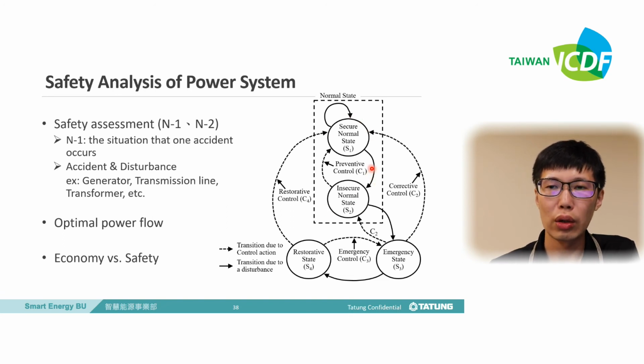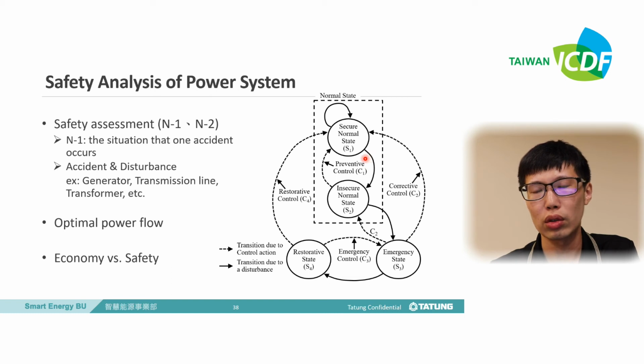So the operator can operate the system under one of these two states. It will depend on the judgment of the operator how to operate the system. It will make the decision based on the simulation of the operation of the power system under N-1 and N-2 situations.